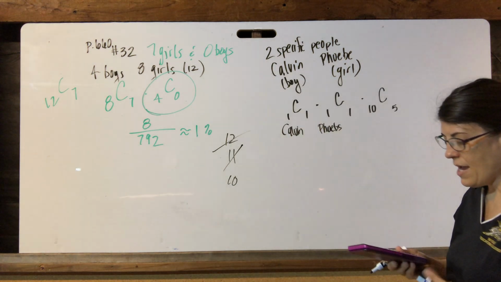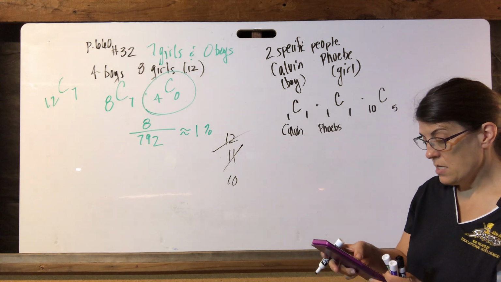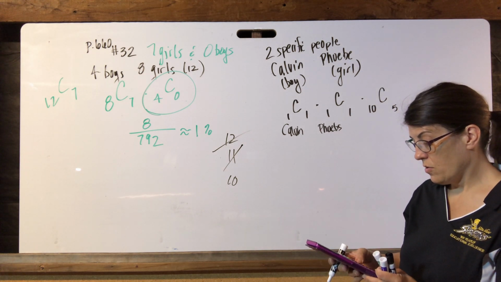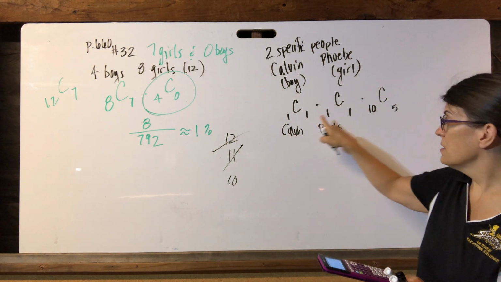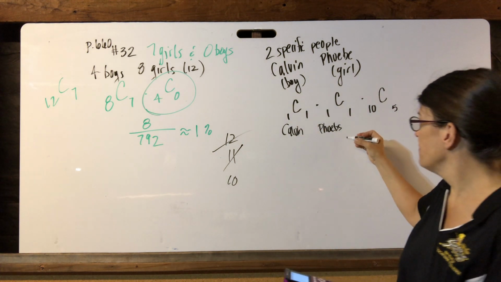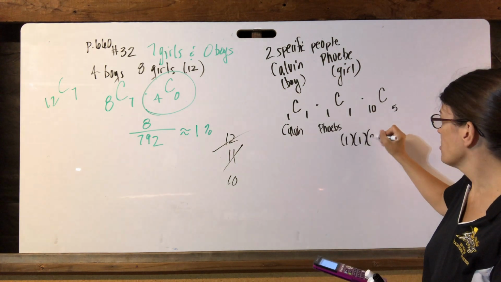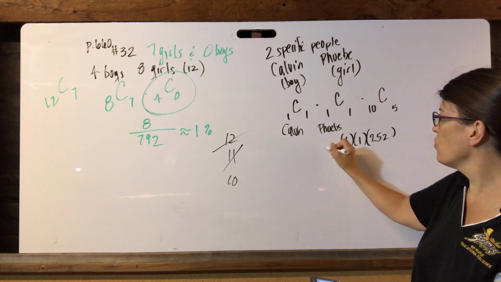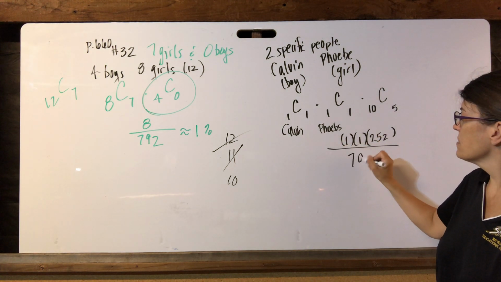So the number of ways that I can choose Calvin and Phoebe: 10C5. This is 1. This is 1. 10C5 is 252. 1 for Calvin, 1 for Phoebe. There are 252 ways to choose the remaining students over 792.